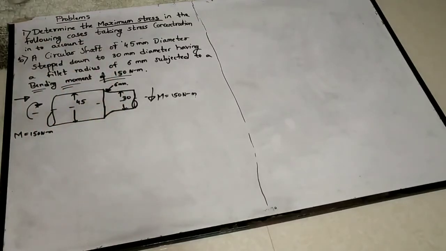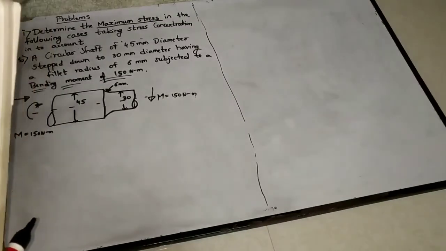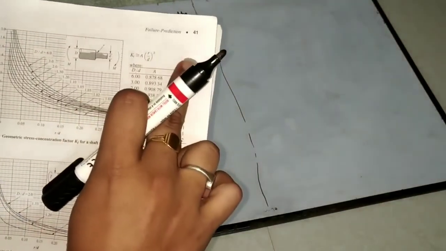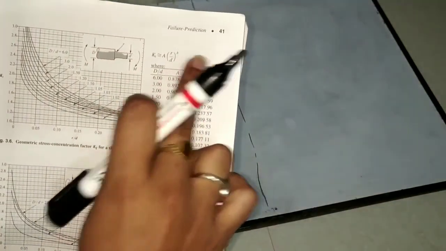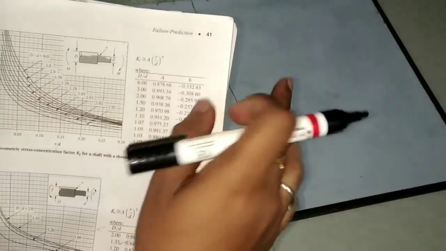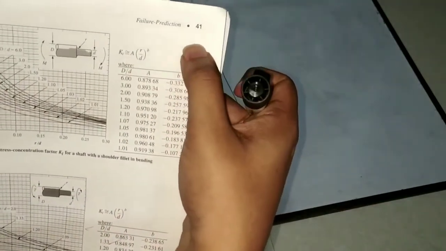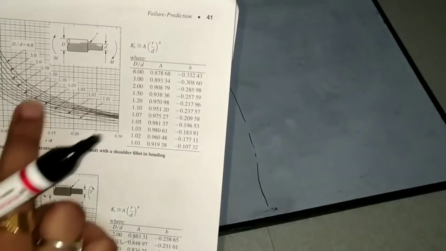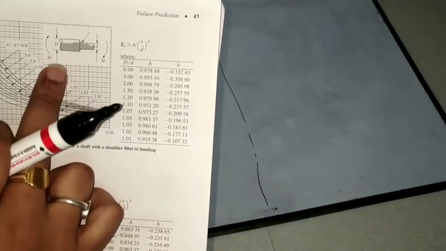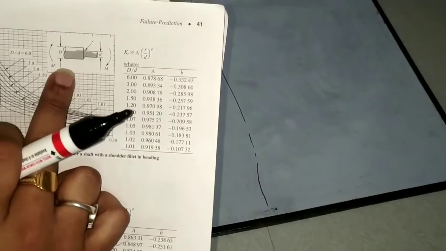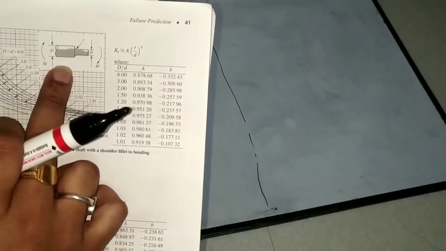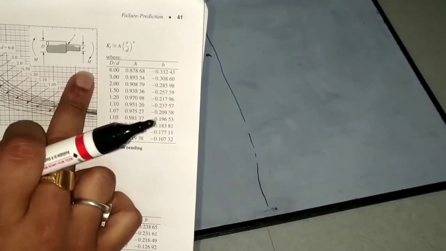Now you go to page number 41 in your design data handbook, figure 3.6. Observe there, our given problem type is exactly this one: a stepped down shaft acted upon by a bending moment M.